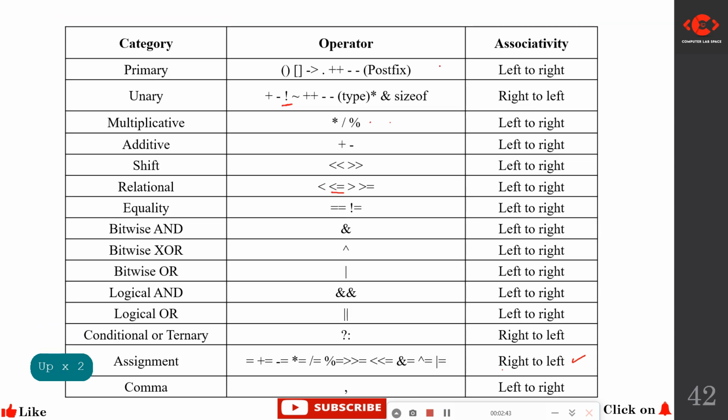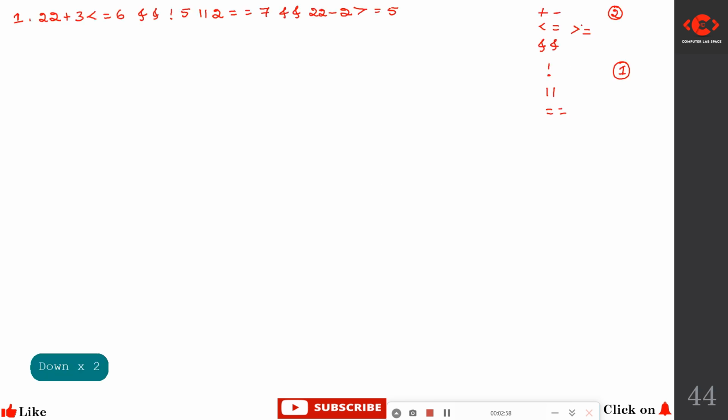Then what about relational operators? Yes, third priority we are having for relational operators, then equality, then logical and, logical or.